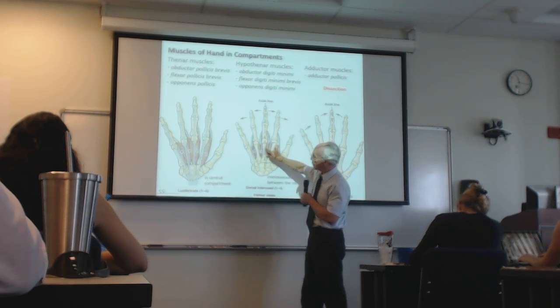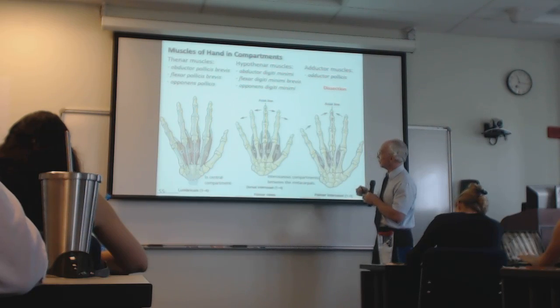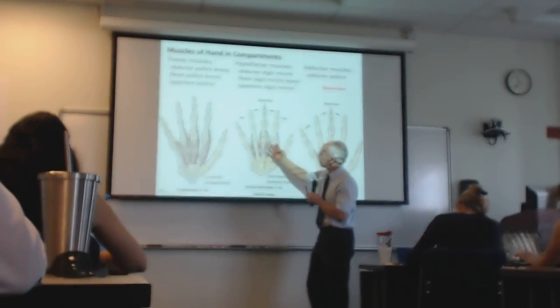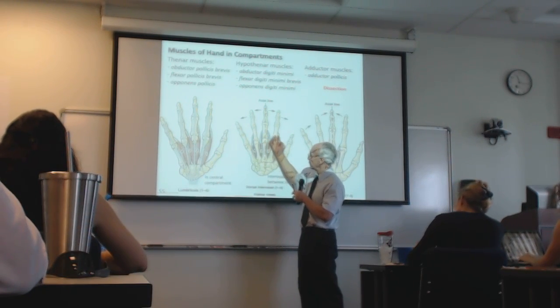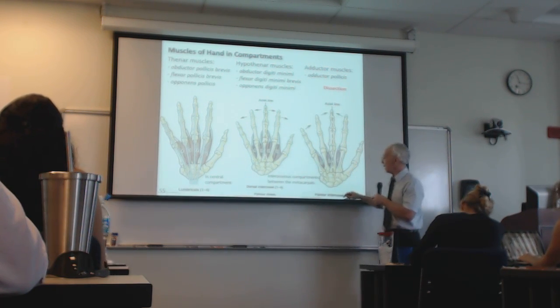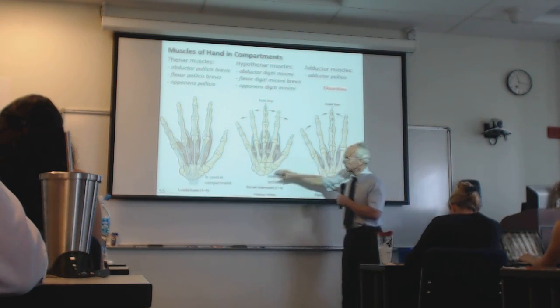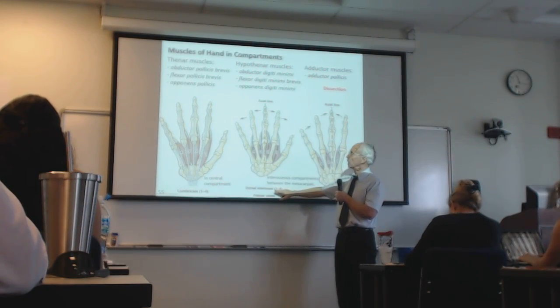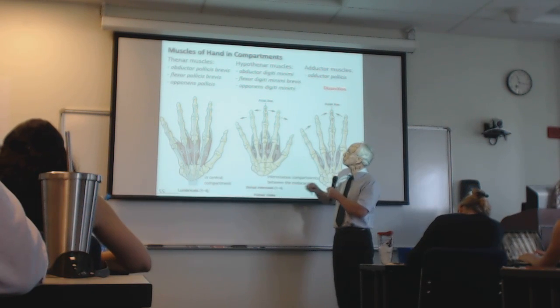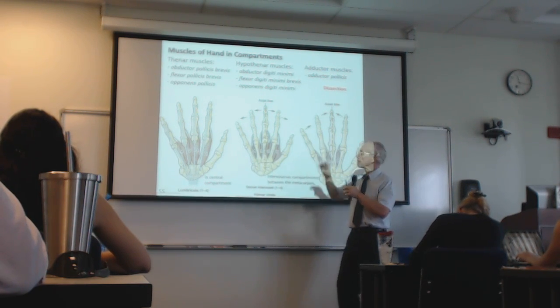I want you to be familiar with the actions of the interosseous muscles. You can see their attachment and connection is a little bit complicated. We're looking here in this illustration at the dorsal interosseous and the palmar interosseous over here. What you'll notice is the dorsal interossei are predominantly responsible for abduction of the fingers.